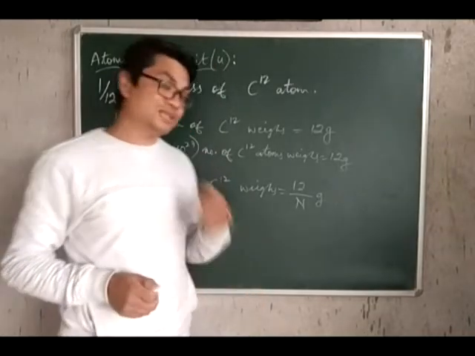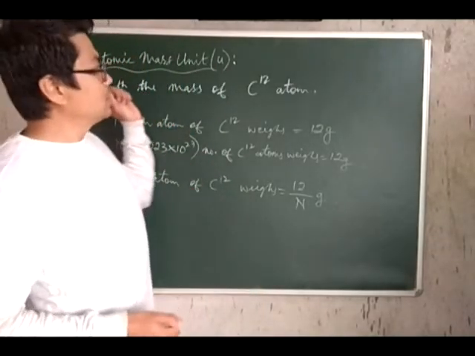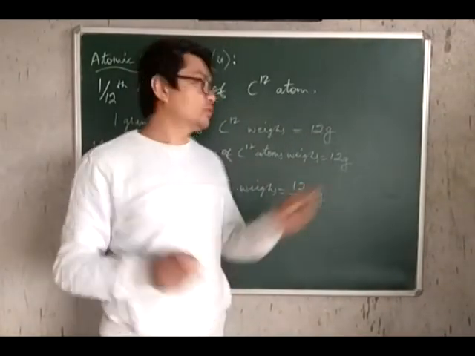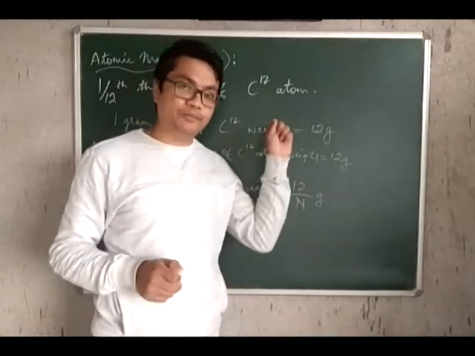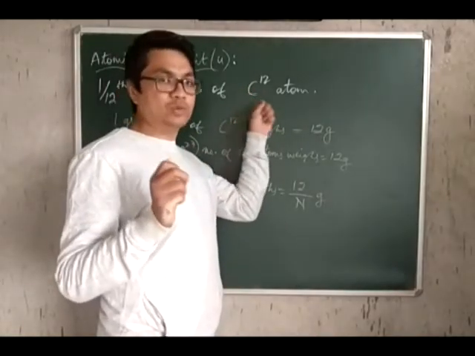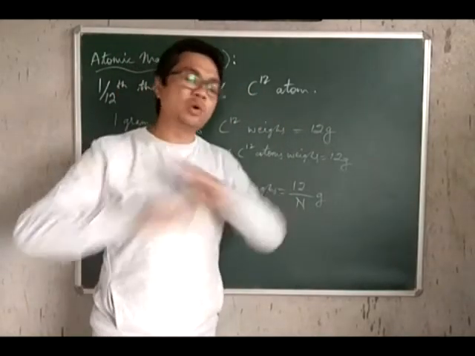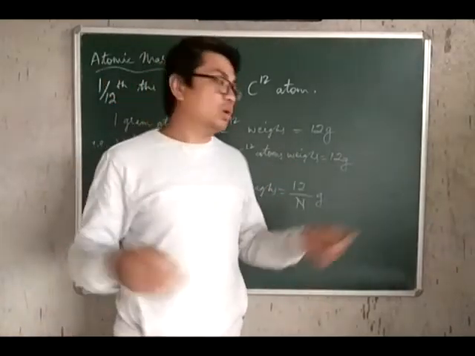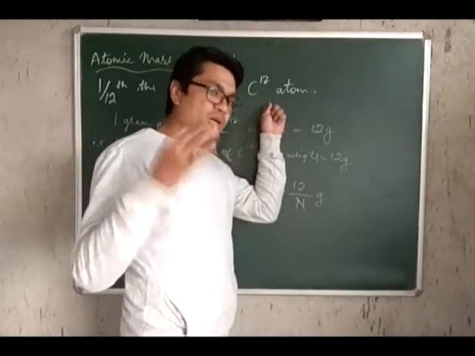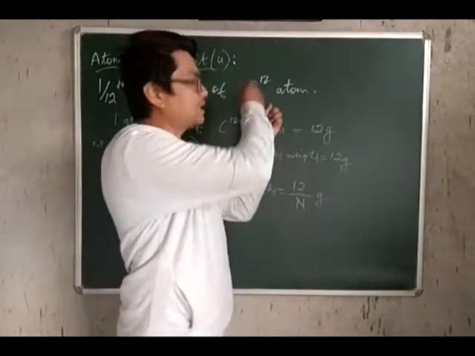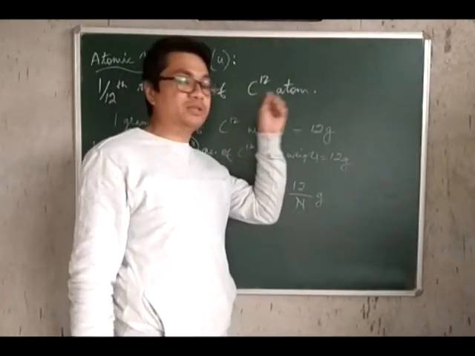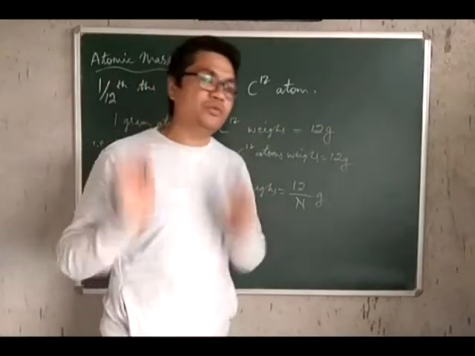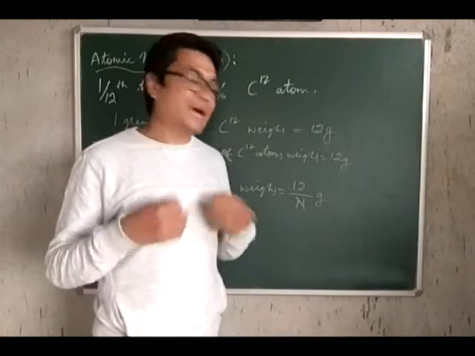Now how do you define it specifically or technically? Atomic mass unit is 1/12 the mass of the carbon C12 atom. The isotope C12 of carbon is the most abundantly found isotope in nature. There are other isotopes of carbon also, but this is the most abundant. So therefore, we are using the most abundantly found isotope or atom of carbon.